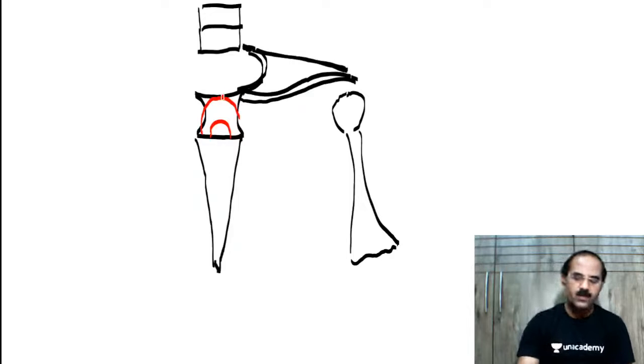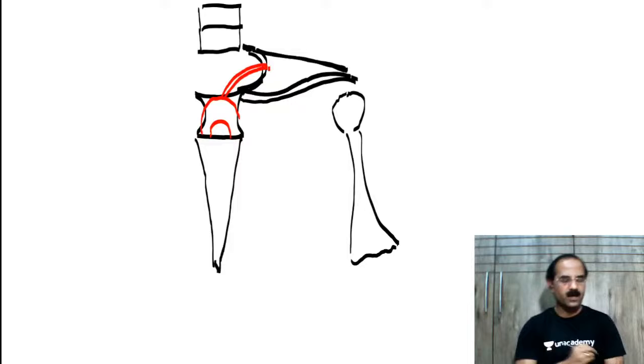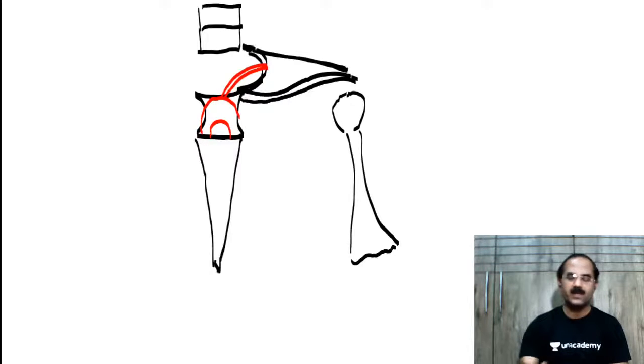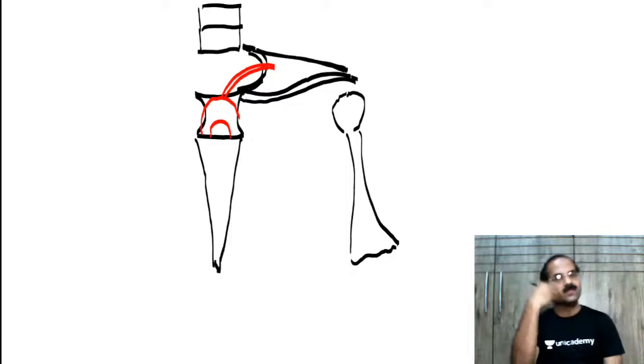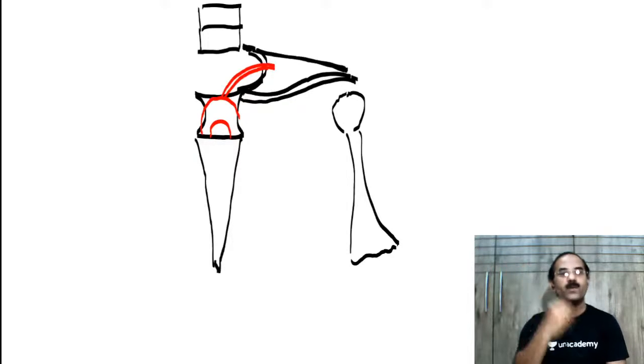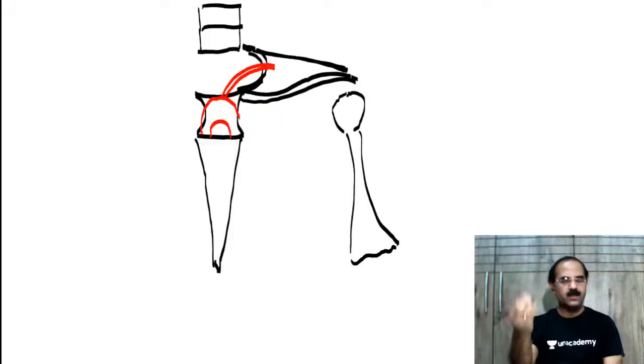And from the arch, what is this artery which begins from the arch here? That's the subclavian artery. And the moment the subclavian artery crosses the first rib, it is now known as the axillary artery.